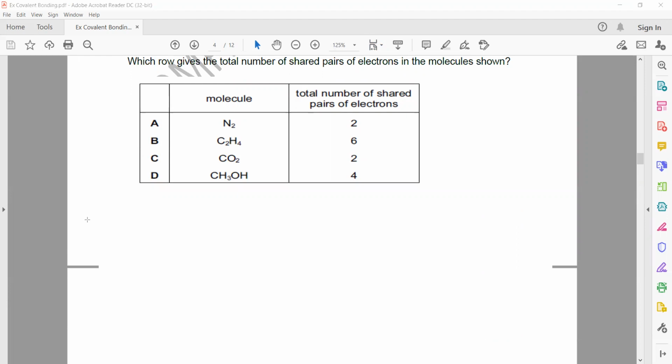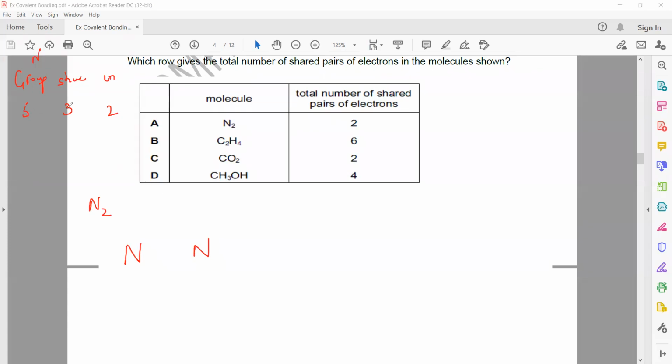So first it is N2, nitrogen. Nitrogen belongs to group 5. So it will share 3 electrons and the unshared will be 2. When we draw the structure of the nitrogen molecule, N2, we draw the first nitrogen and the second nitrogen.